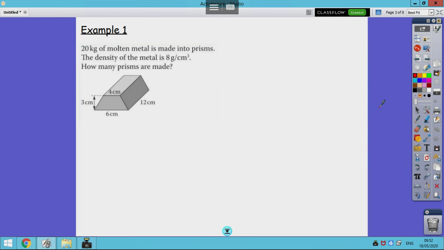Now hopefully some of you can remember the formula for density. If not, I'm going to write it on the screen now. So D equals mass over volume. So density is mass over volume. It's similar to your speed, distance, time equation, okay?